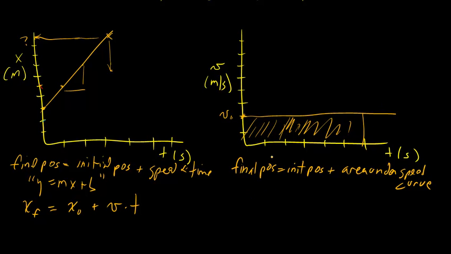But let's look at a case where the speed is changing. Let's imagine we have something like this. I'm just going to do a couple of points so I can get the line.